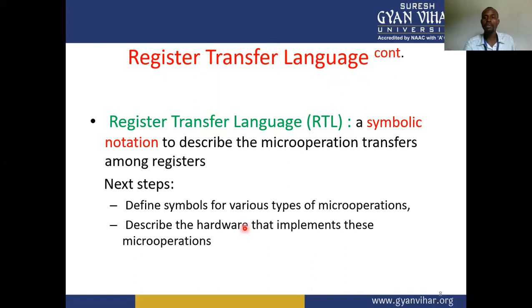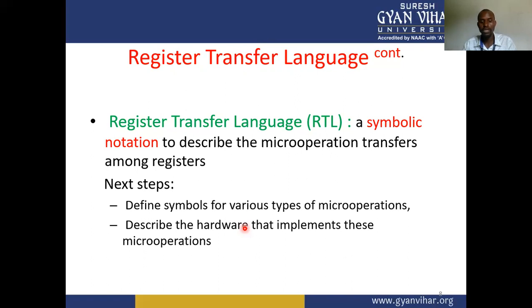Now, next, we are coming to our discussion. We've done a basic introduction of what we are going to cover. We've defined what is a digital system, we've defined what is a digital computer system. We've talked of micro operations. Now we are going to look at what is a register transfer language. So, as the name specifies, we've said a register is a group of flip-flops that is used to manipulate binary data.